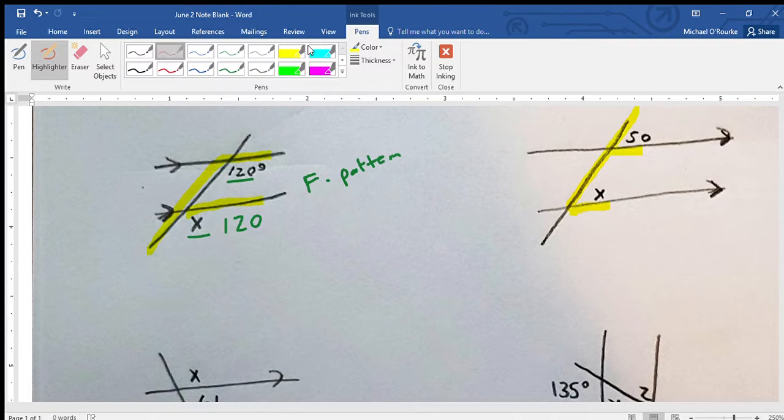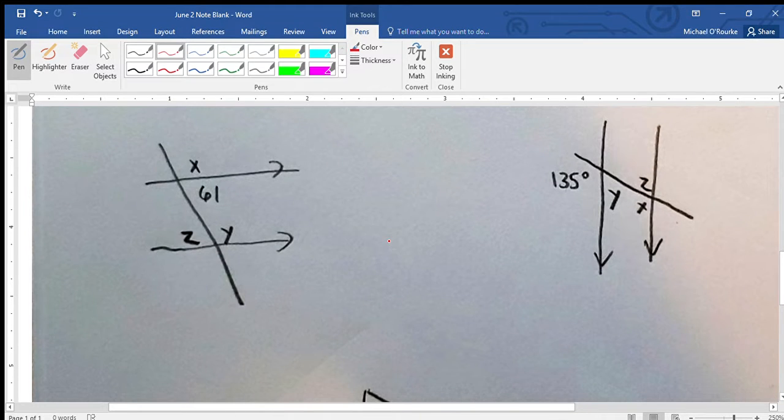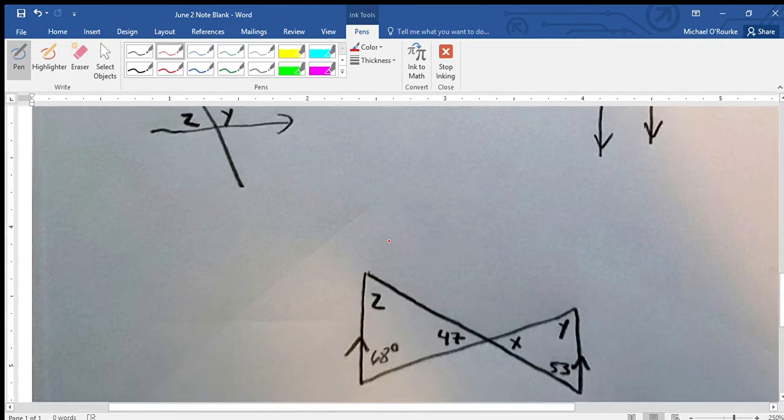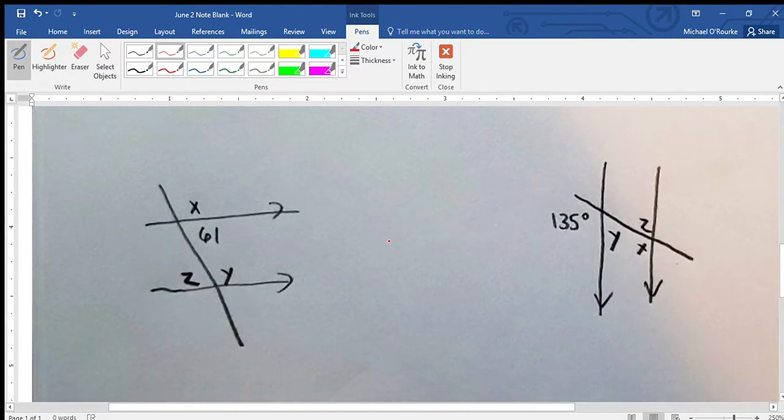So that means this here equals this. So that's 50, and there's your F pattern. Now I know these all look coincidentally the same, but I draw it very accurately with my hand. Even though they look the exact same, that's why I always say trust your diagram over anything.